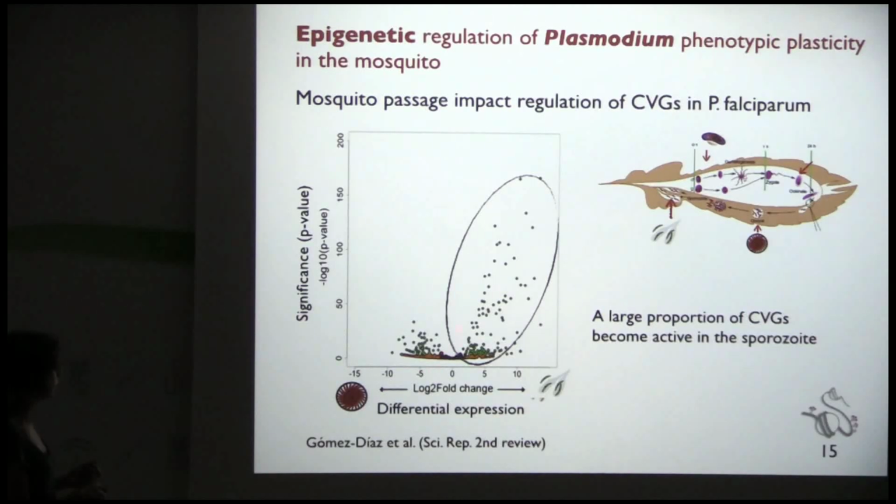So what we see is that most of these genes are silent, and in the sporozoite there is upregulation, overexpression of these genes prior to transmission to the next host. This is the overexpression on one side, overexpression on the other side, and this is the significance of these changes.